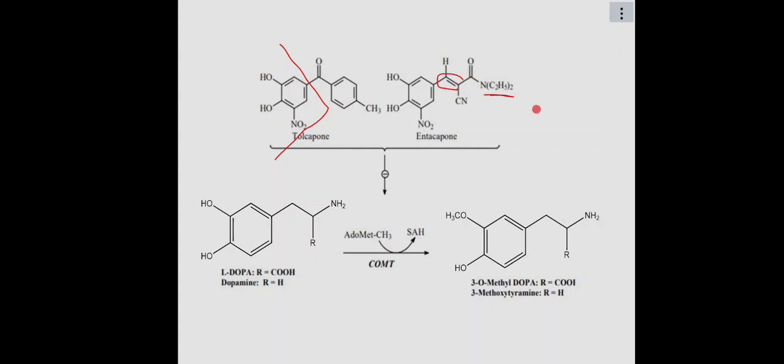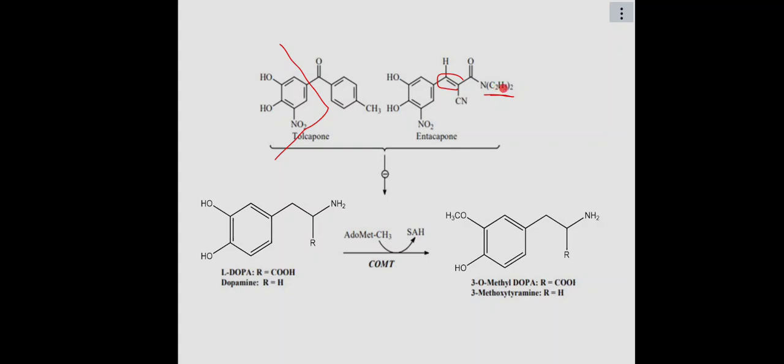I tried to get a name for it because we can consider it has 1, 2, 3 carbon atoms. That is the longest chain, so that's a derivative of propane. But because it has a double bond and a ketone there, we can call it propenone rather than propene, and then we can consider this group and that group substituents.